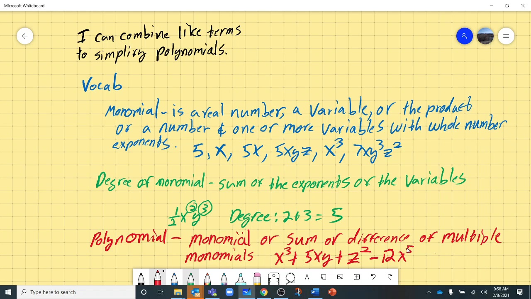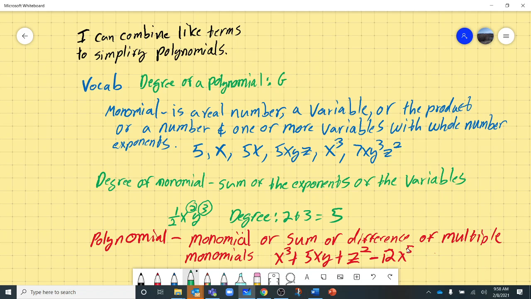And then the last one that we're going to have, at least for now, is the degree of a polynomial. And I'm kind of out of space. I'm actually going to put it up at the top. Sorry about not planning that out better. The degree of a polynomial is the greatest degree of any term of the polynomial.